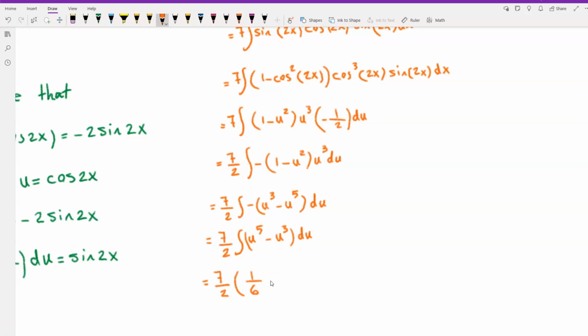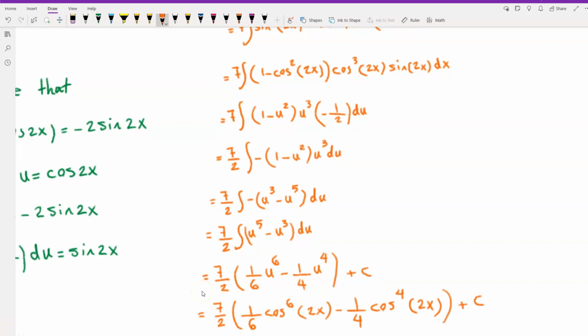And this is equal to 7 over 2 times, here we have u to the 5th power. So integrate, we have 5 plus 1, 6 is our power, divided by 6, so here 1 over 6 times u to the 6th power, minus. Then we have u cubed, so we're going to have 3 plus 1, that is 4. Divide by 4. So we have 1 over 4 u to the 4th power plus a constant.